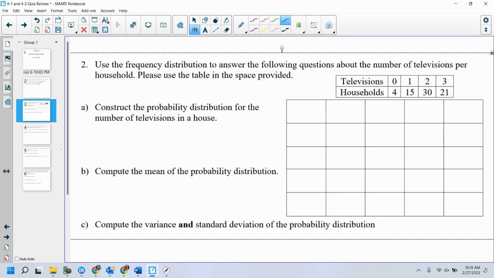All right, so let's do TVs and the frequency here. 0, 1, 2, and 3. We've got 4, 15, 30, and 21. Okay, let's find the probability distribution.